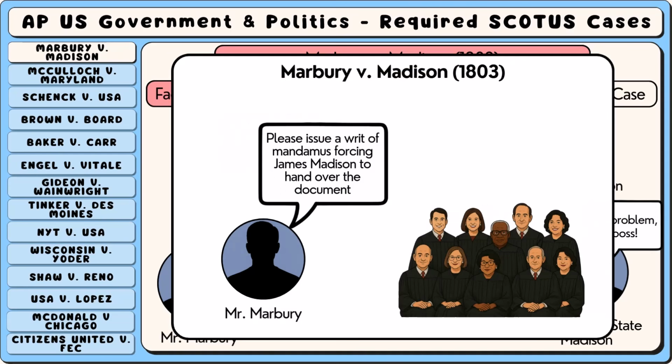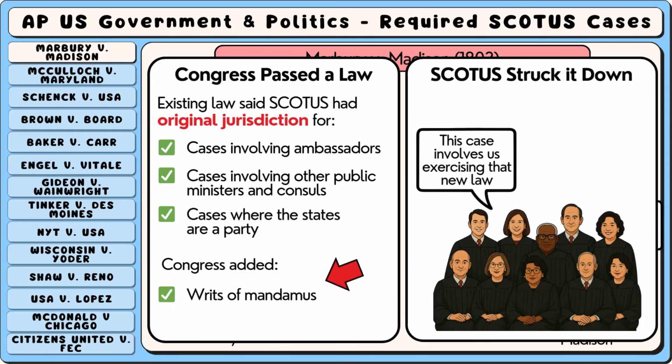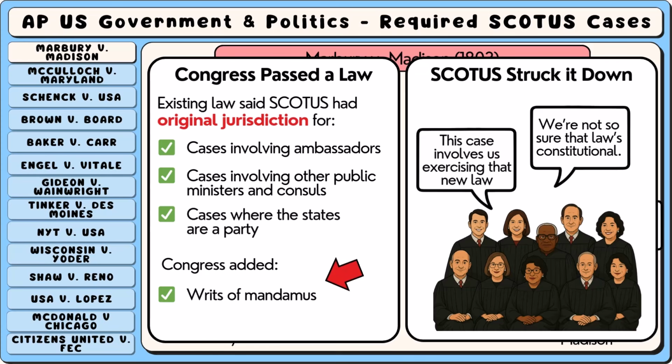So Marbury went straight to the Supreme Court and asked them to issue a writ of mandamus forcing James Madison to hand over the document, which Marbury needed in order to officially take the job. So, suddenly we were in a situation where the Supreme Court was being asked to exercise the power that Congress had granted the court in the Judiciary Act of 1789.